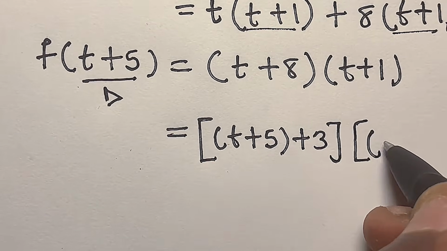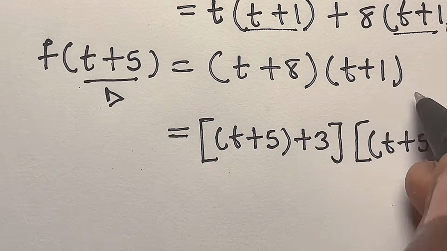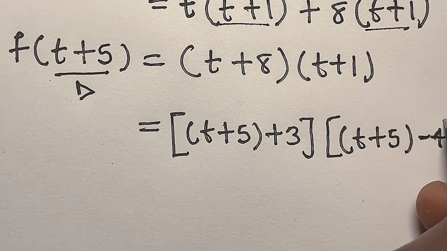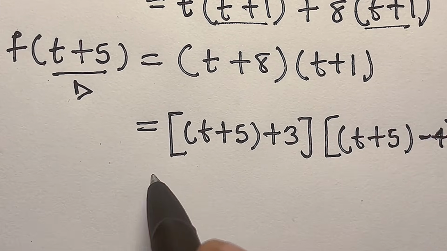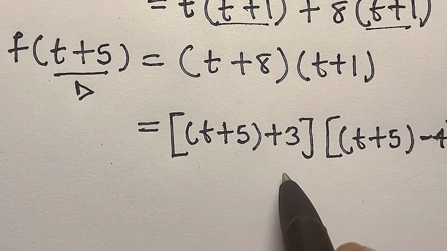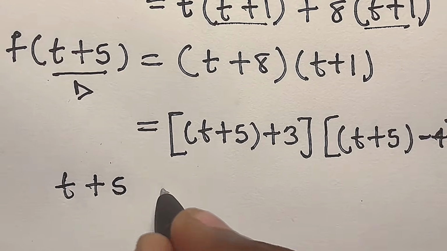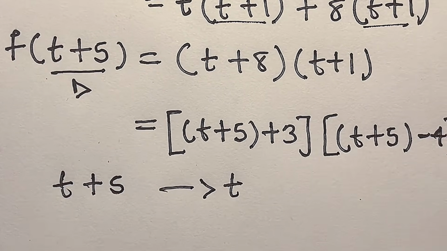So then again, we have t plus 5. To make it to be t plus 1, we say minus 4, right? So now we replace t plus 5 with t. We make it to be t here, here, here, right?